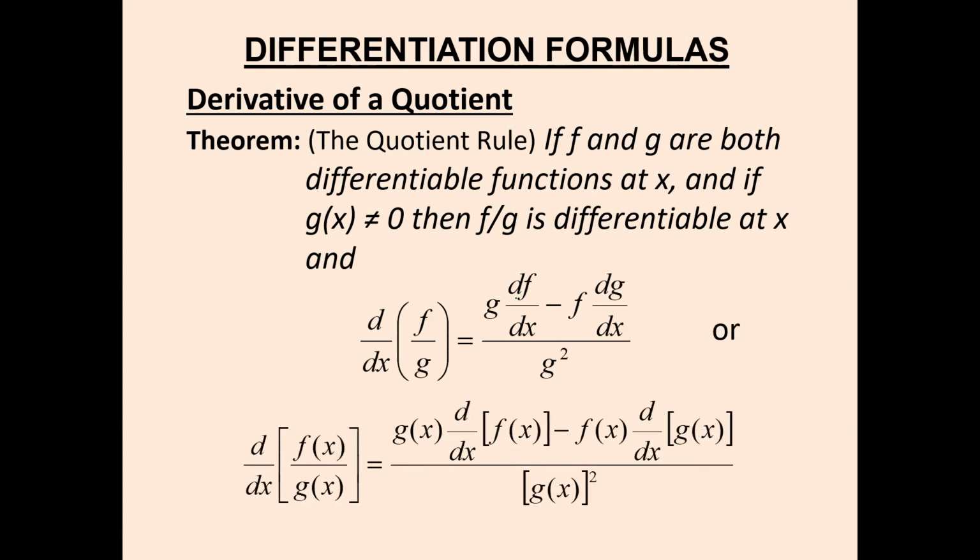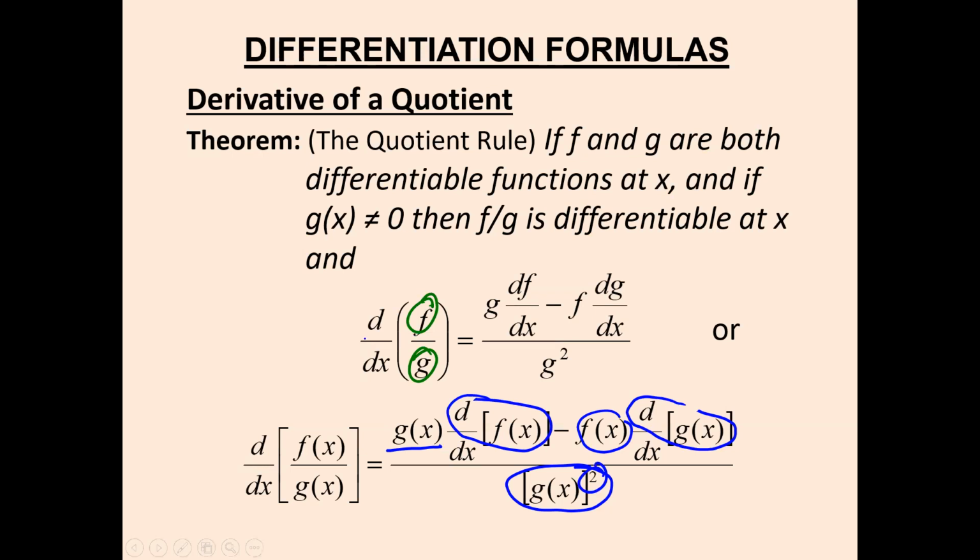So kapag meron naman kayong nakitang ganyan, dalawang function na f divided by g, division yung kanilang operation. So we have g of x, the derivative of f of x with respect to x minus f of x times derivative of g of x over g of x squared.